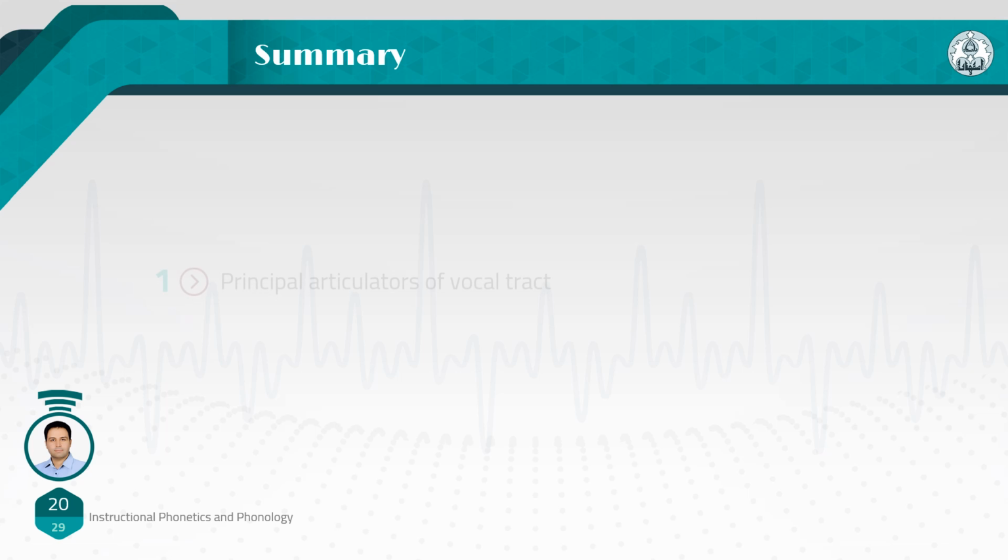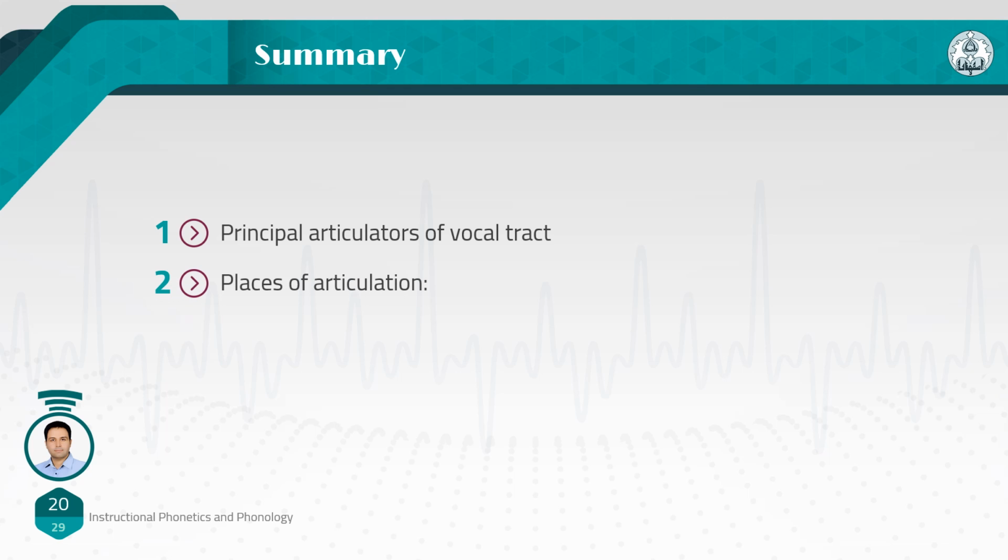All in all, in this session, we talked about the principal articulators of the vocal tract, which were labial, coronal, and dorsal. Then we talked about different places of articulation.